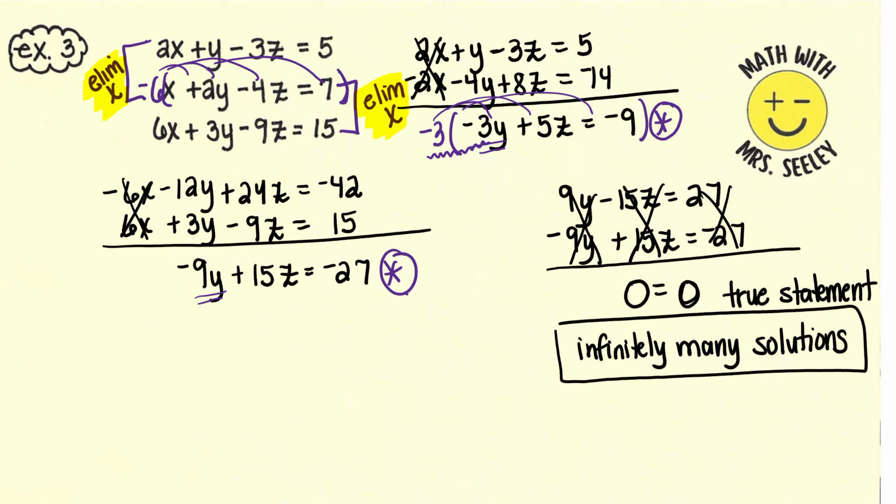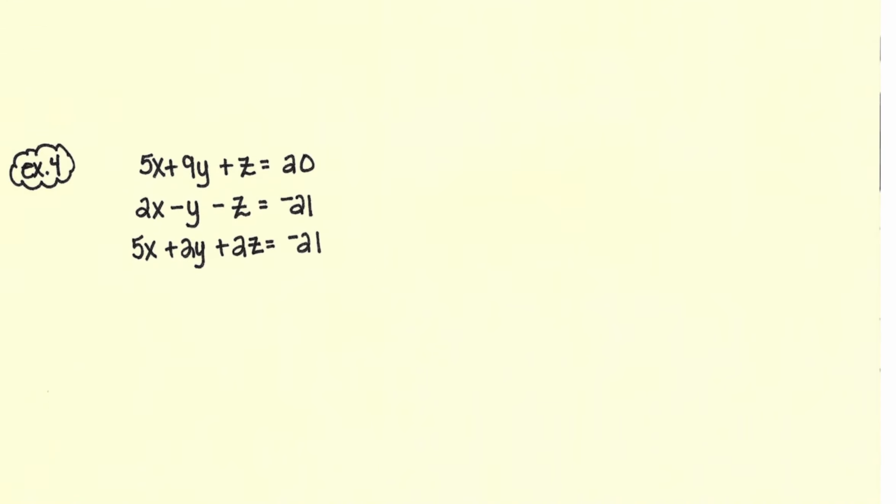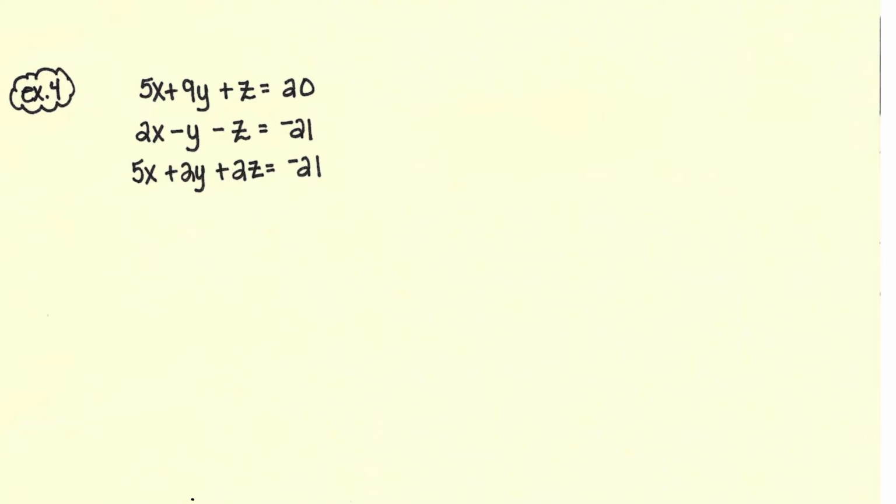Okay, let's look at example 4. On example 4, as in all the previous examples, we've got to choose a variable to eliminate. I think I'll take these bottom two equations and I will eliminate y. So if this is a 2, this needs to be negative 2. So I've got the negative, I just need to supply a 2.